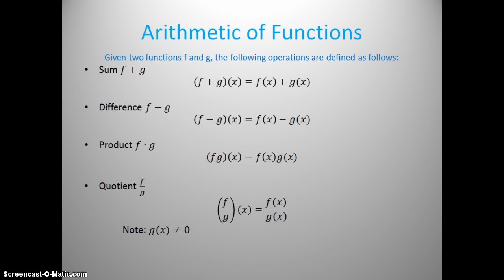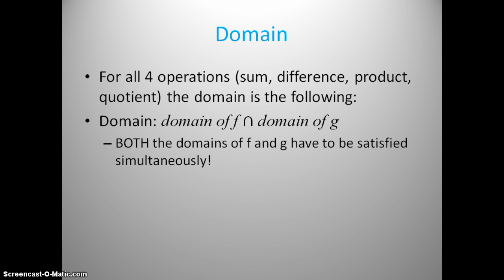Now speaking of when these functions are defined, there's a little more to the domain when we're looking at arithmetic of functions. For all four of the operations we just saw, sum, difference, product, and quotient, you find the domain by taking the domain of f intersected with the domain of g. Again, this symbol means the intersection.